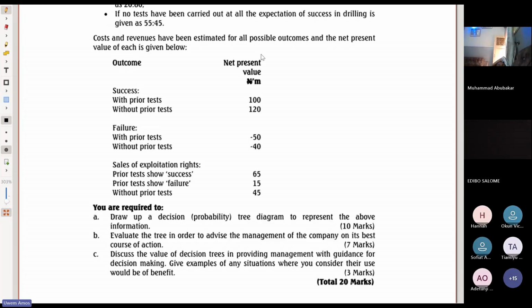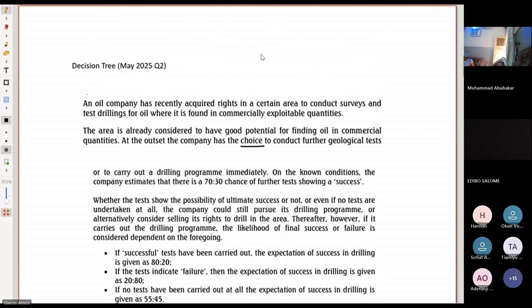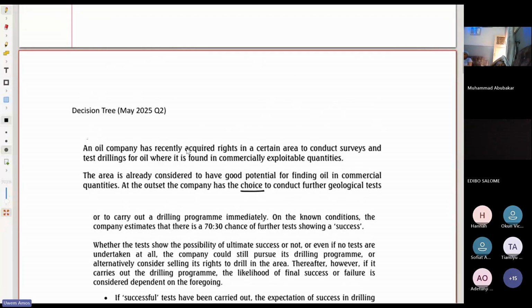So let's now get right into our first point, which was to read the question and understand the question. Here is the question. The company has acquired a right to explore and drill oil. It's looking at two things initially.